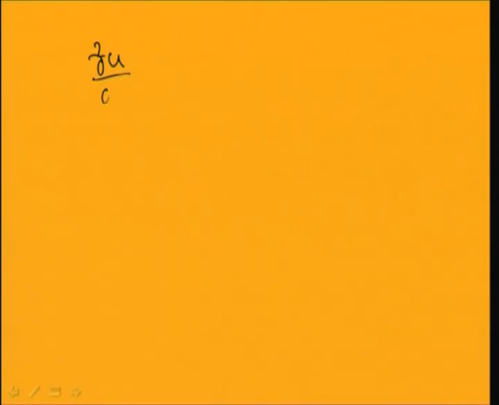In case of the Euler-Bernoulli beam, the equation can be written in this form: rho into del square u by del t square plus E I del fourth w by del x fourth equal to 0.